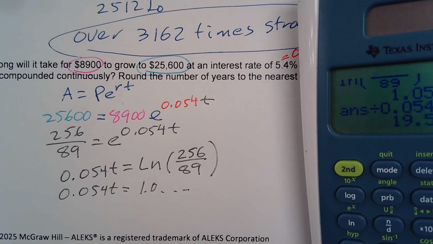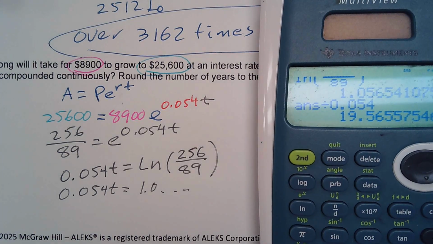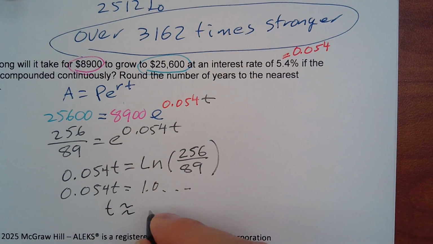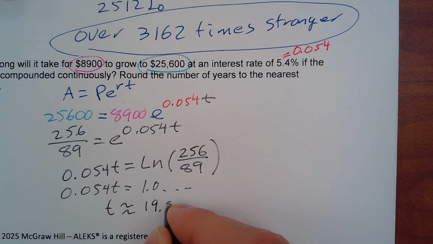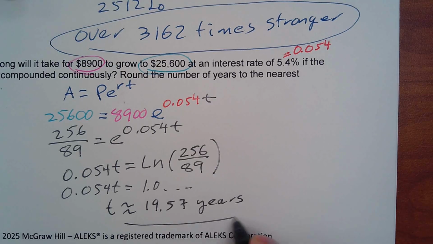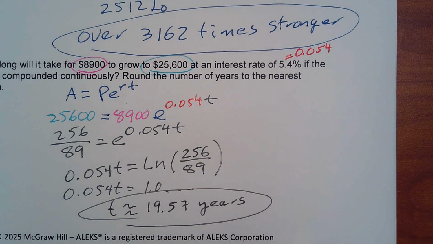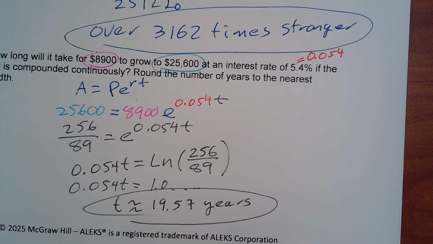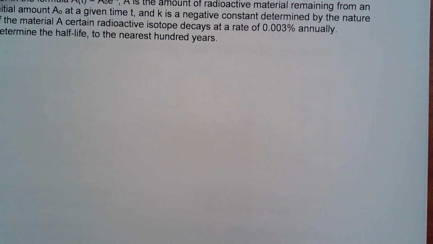So t would be 19.57 years. Let's turn the page and let's do some more examples.